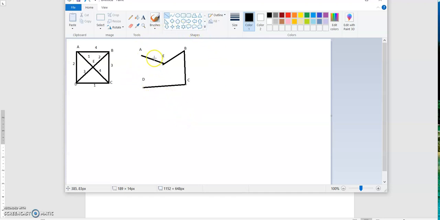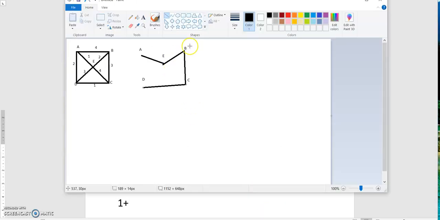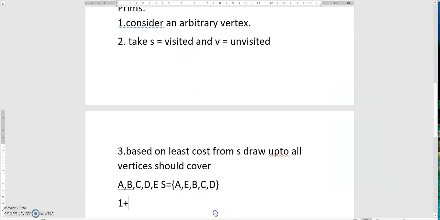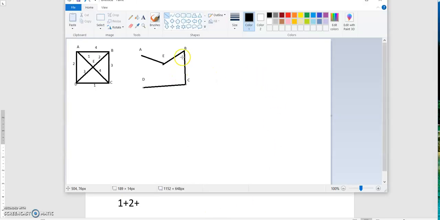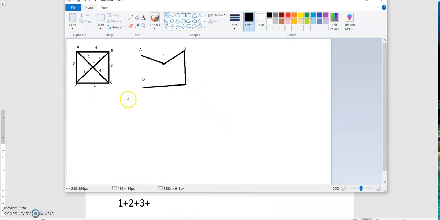So now we need to find the minimum cost. A to E is 1, plus E to B is 2, plus B to C is 3, plus C to D, that is 1.